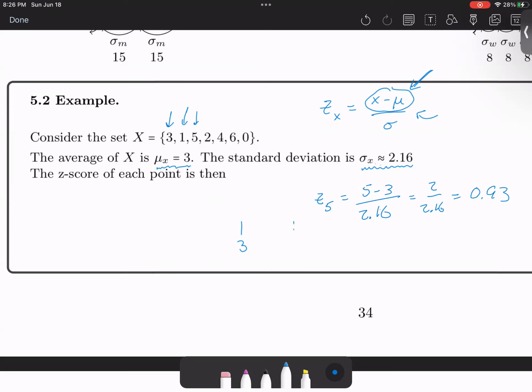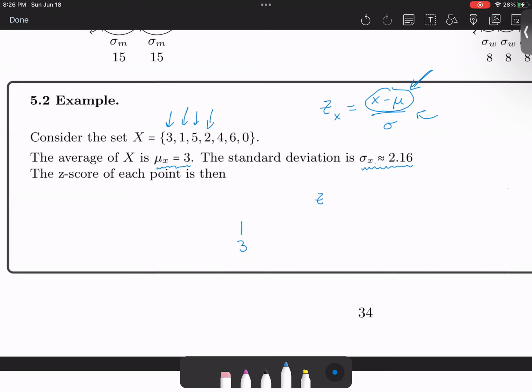So a 5 is positive 0.93 standard deviations away from 3. So notice 5 and 1 had the same magnitude of the z-score because they were the same distance away from 3. They were just on opposite sides. So the 1 got a negative 0.93 and the 5 is a positive 0.93.